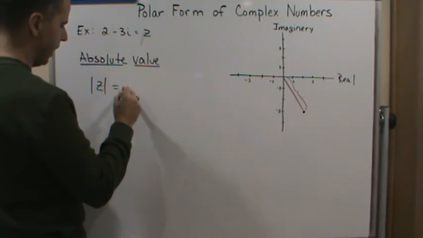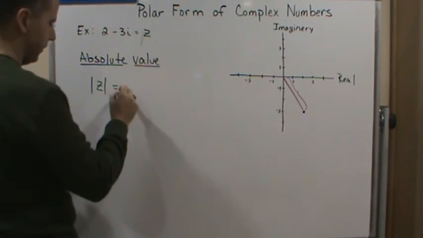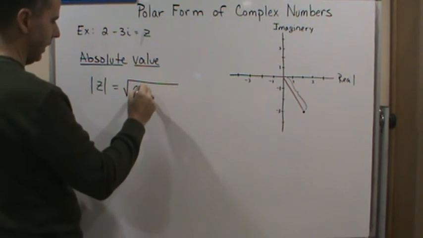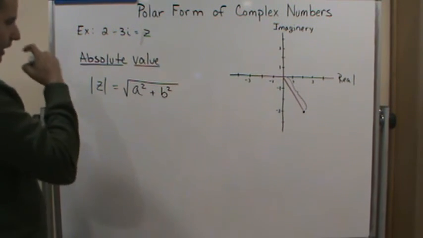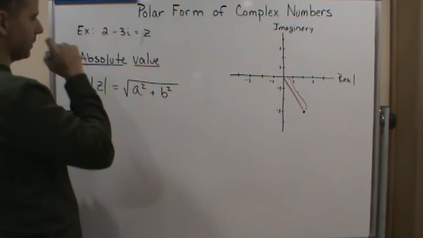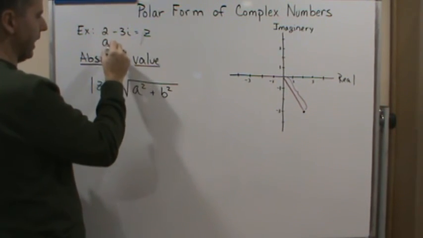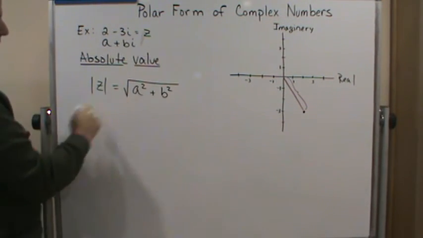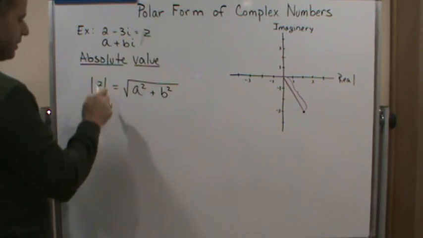Since we're dealing with the origin, the distance formula is simplified, and it just becomes the square root of a squared plus b squared. That's the magnitude of a complex number. Why? Because remember, the standard form of a complex number is a plus bi, and that's where the a and b come in.